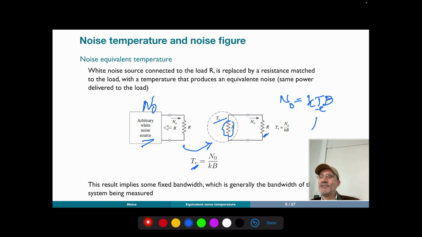From here we solve this equation with respect to T_E and obtain this result here. Okay. And so for measuring the equivalent noise temperature, we must measure this over a certain bandwidth, which is generally the bandwidth of the system being measured. Okay.